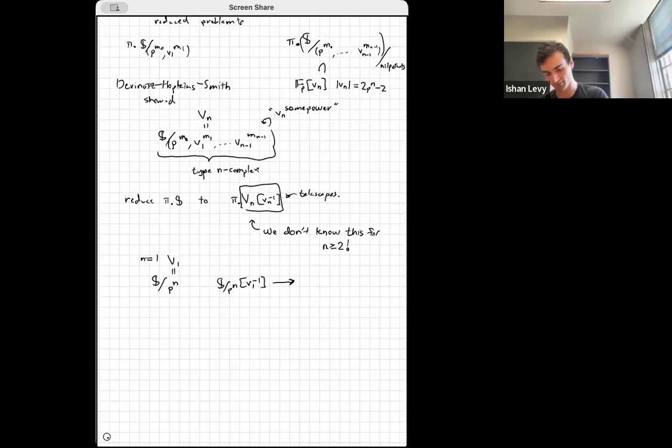So there's a map from this to the following thing. You can take the complex K theory spectrum, Ku, and you can mod that out by p to the n. And that has a map from the sphere because it's the unit map, essentially.